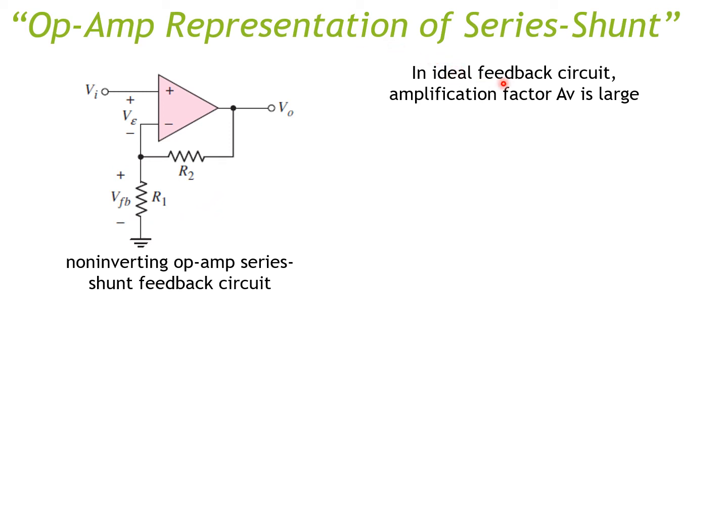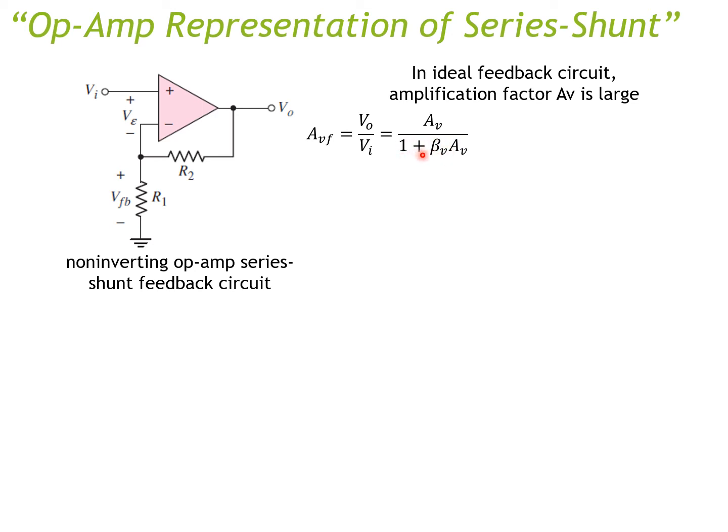So in the ideal feedback circuit, the amplification factor AV is pretty large, right? This is the closed loop gain of my overall feedback amplifier, and if I know that AV is large, then beta AV is way larger than 1.